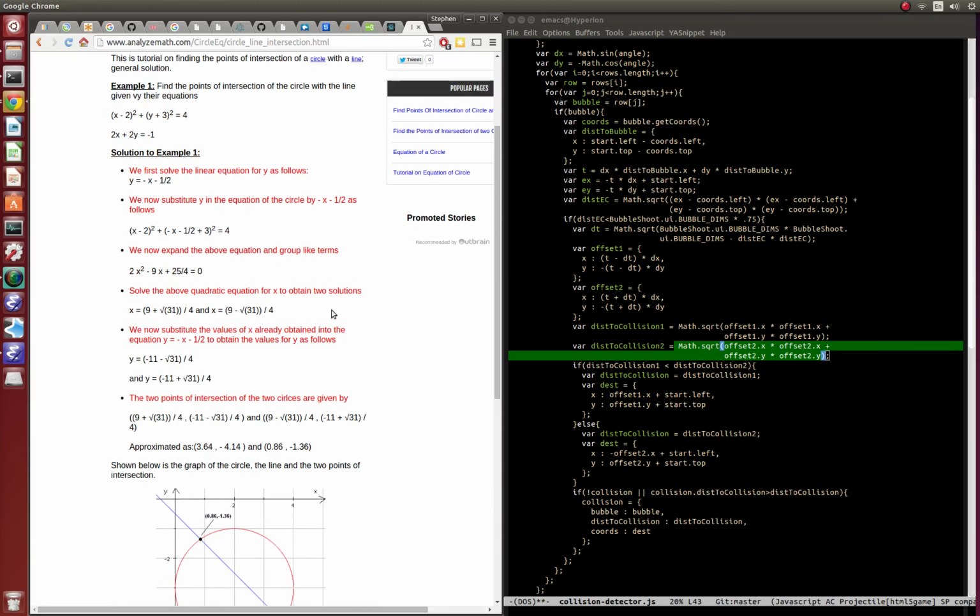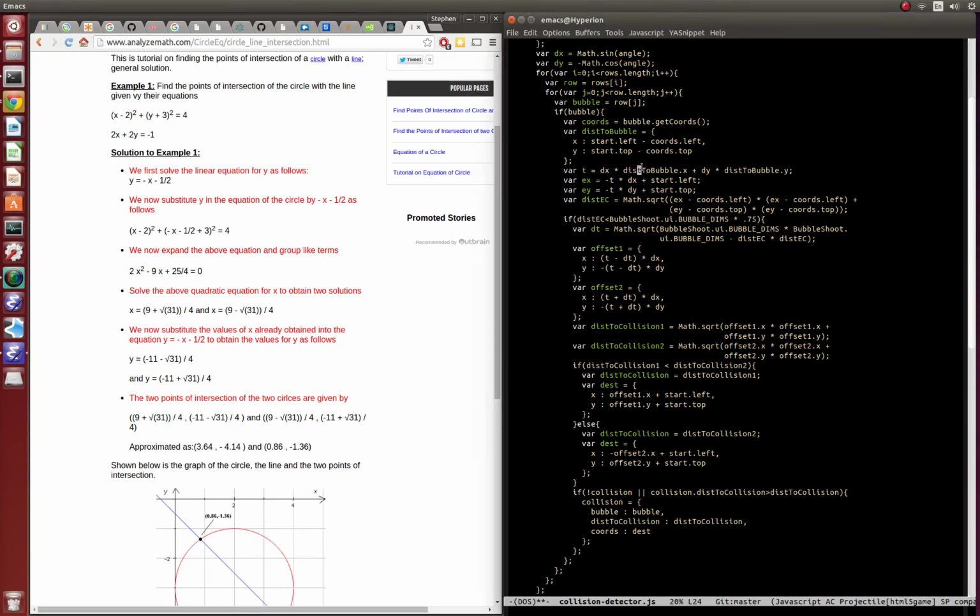See, why does this make sense to me? This doesn't make any sense. Distance to double.